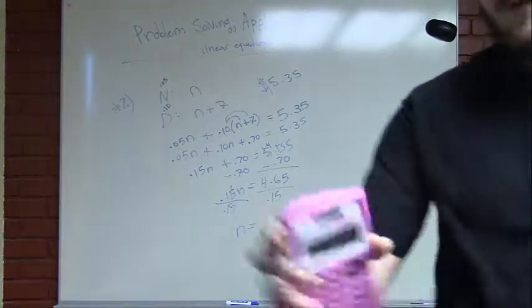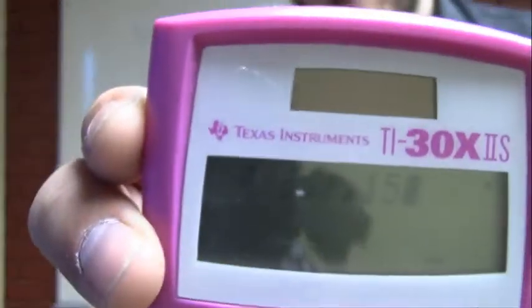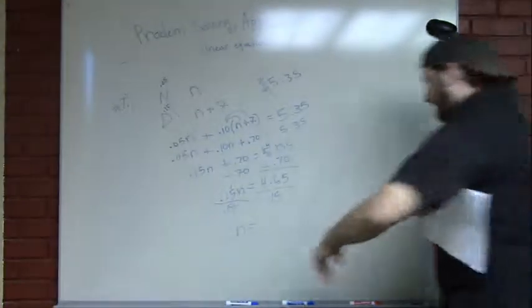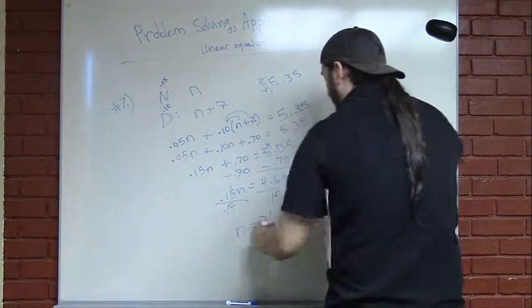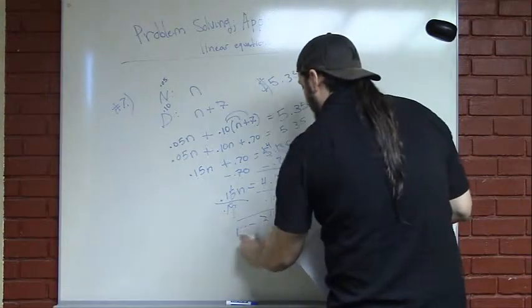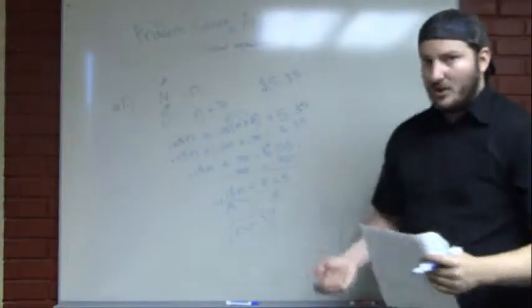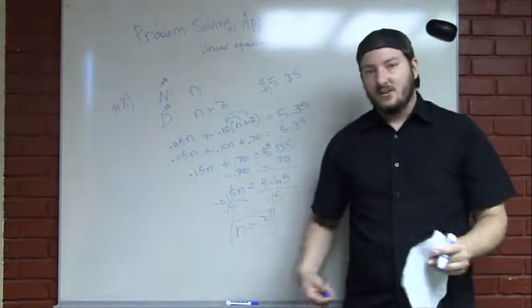So we got 4.65 divided by 0.15. We're going to push enter, and lucky for us, it comes out to be exactly 31, okay?